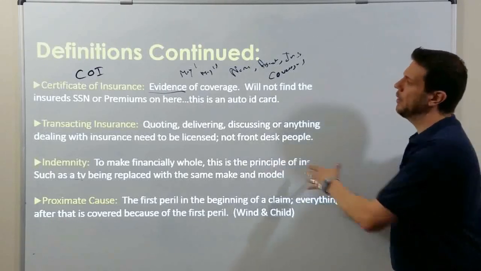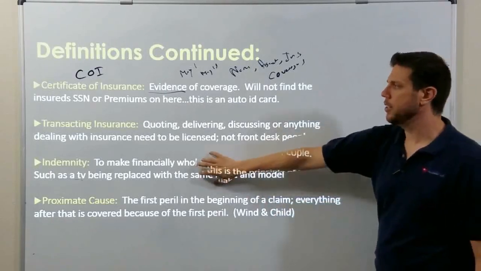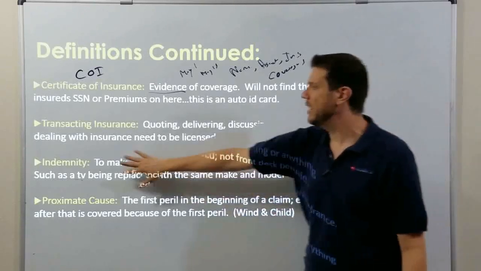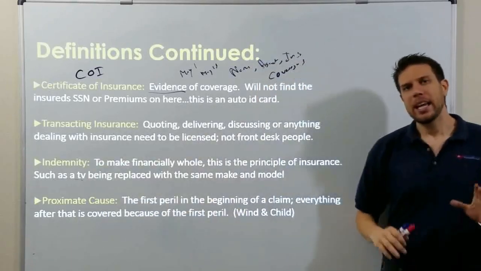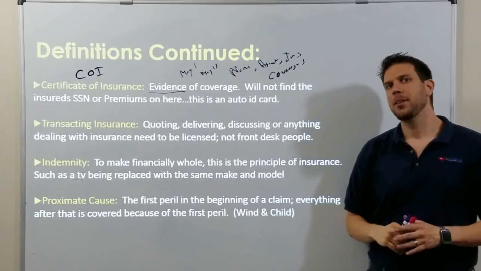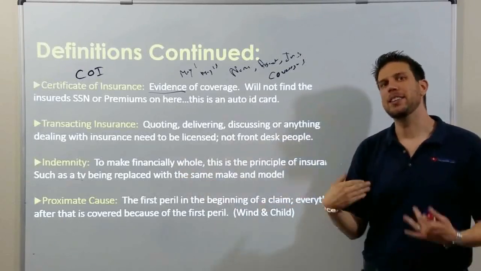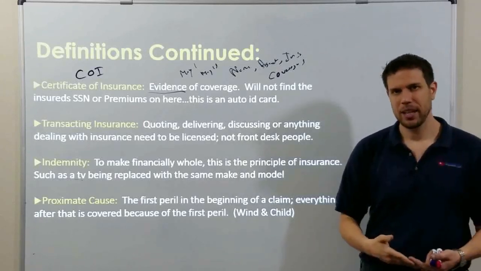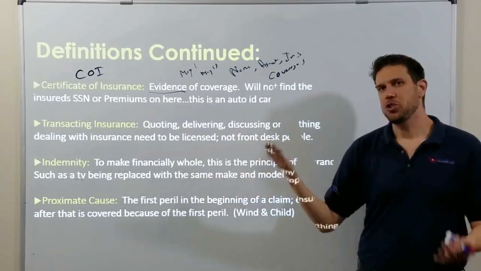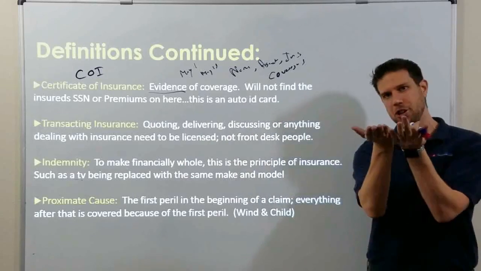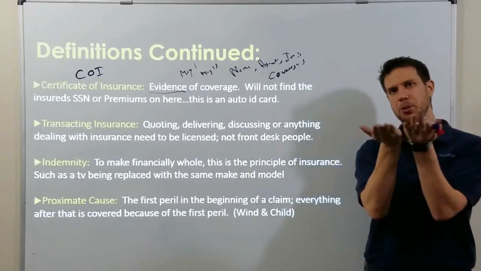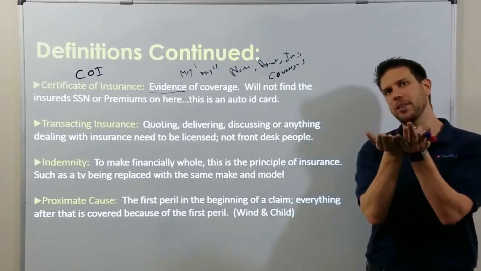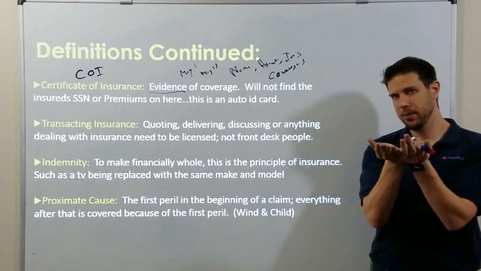The next word we have is a very important word in the insurance industry. It's called indemnity. On your test, indemnity is the founding principle of insurance. Indemnity is to make somebody financially whole up to the limits of the policy if they have a claim.